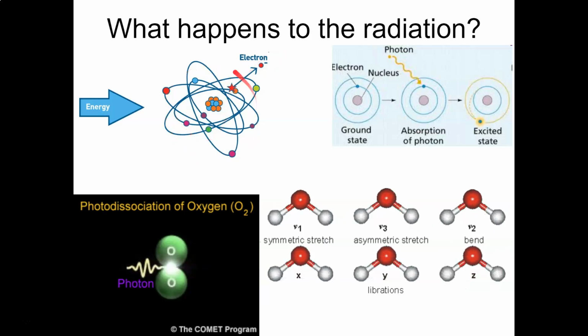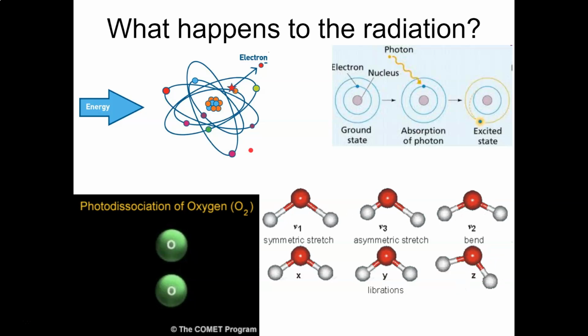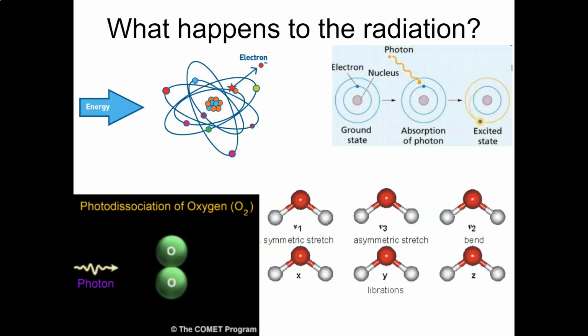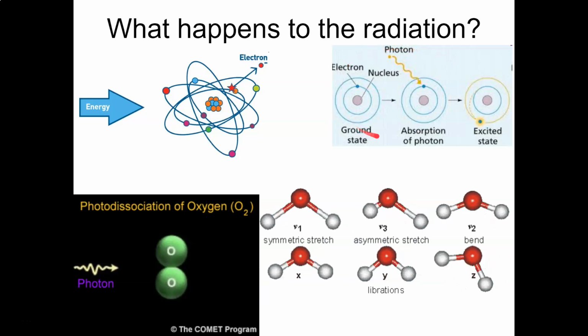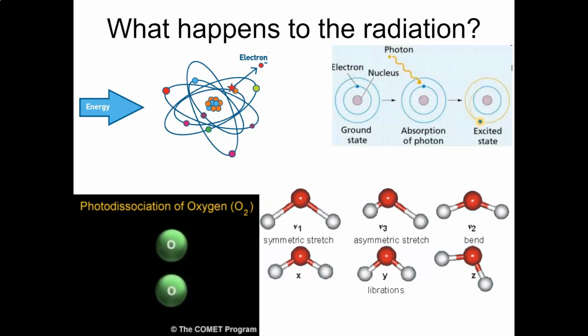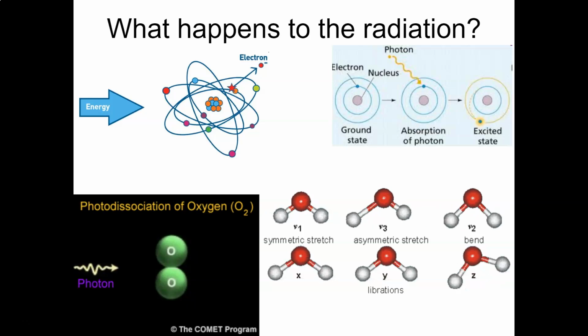If you remember, this process is called ionization. Another thing that can happen is if we have not quite as much energy coming in, an electron can get excited to a higher energy level, and then when it falls back down to a lower energy level, it will give off light. So this is called excitation.